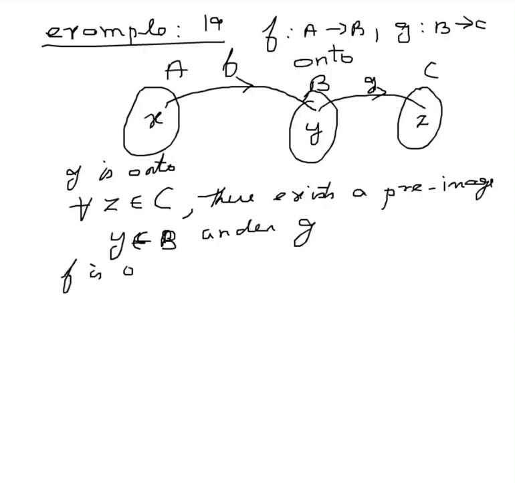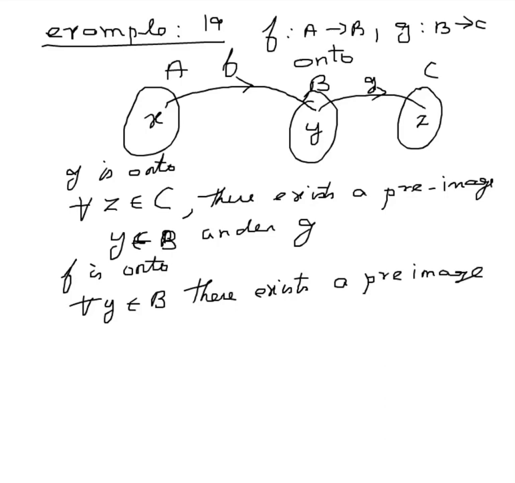Similarly, f is also an onto function. It is given in the question. Therefore, for every y belonging to B set, there exists a pre-image x belonging to A under f function. Therefore, this is our g composite f.